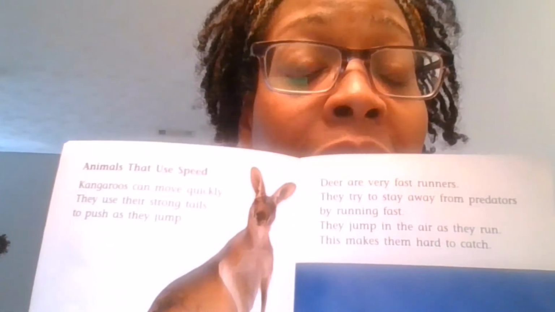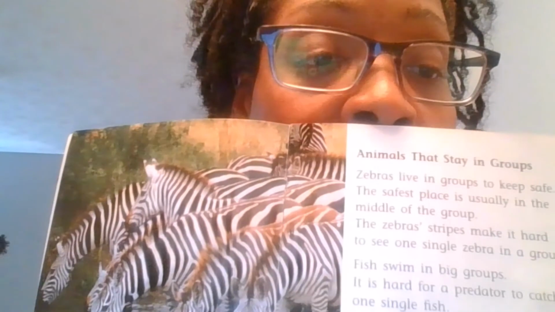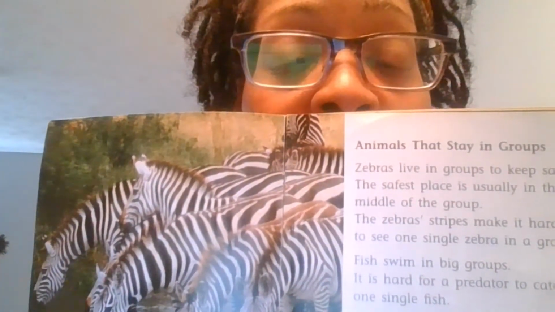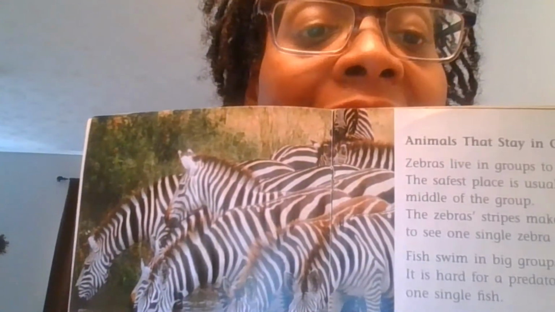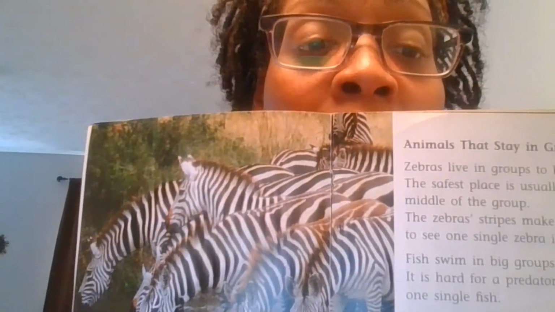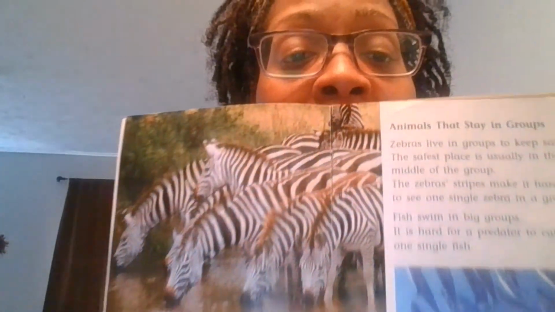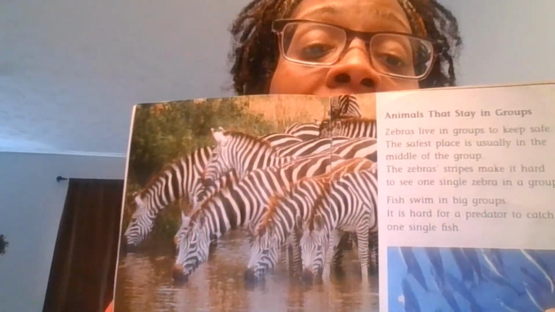They outrun the predators. Animals that stay in groups. They stay in the middle of a group to protect themselves. It's hard, especially with zebras, to identify a single zebra within a group of zebras because they have stripes and that protects them.